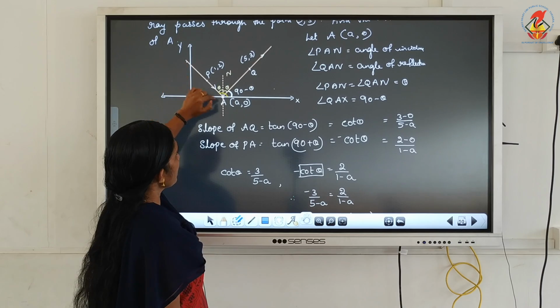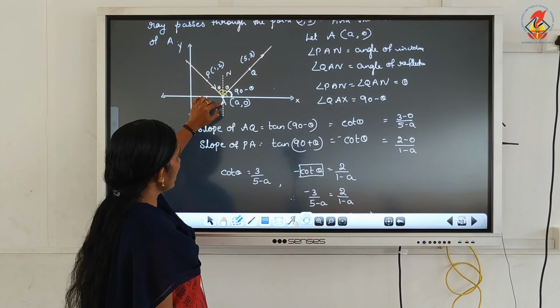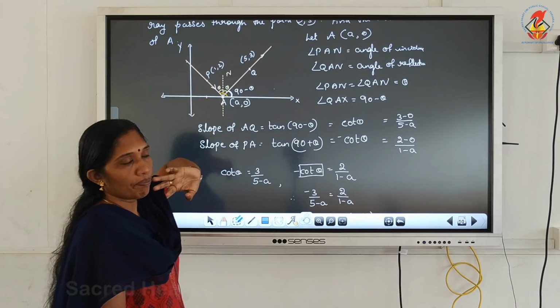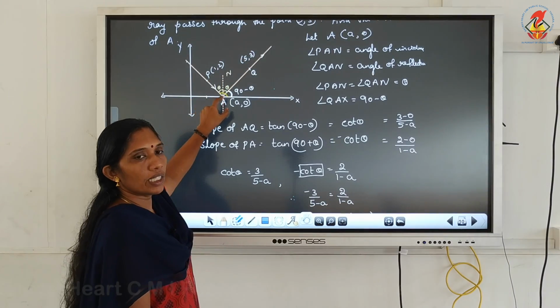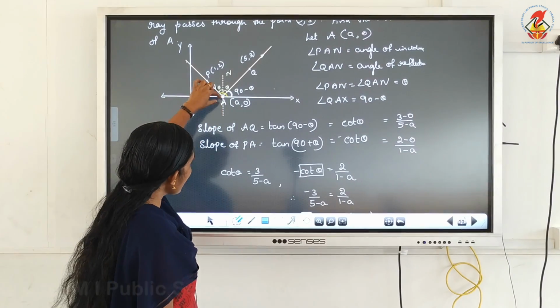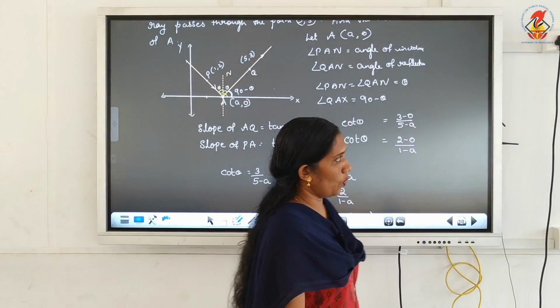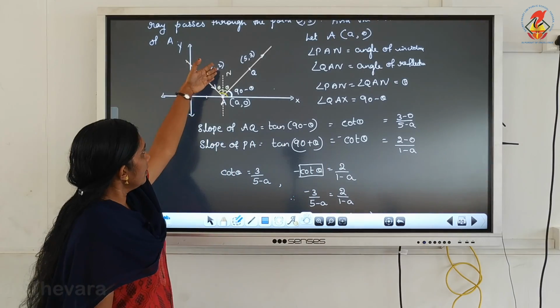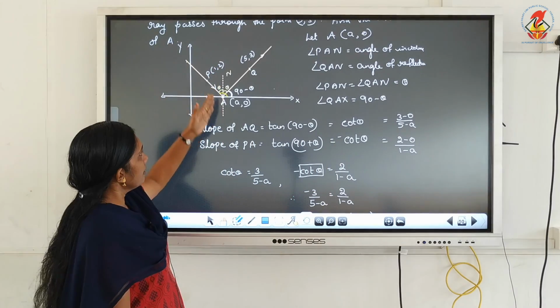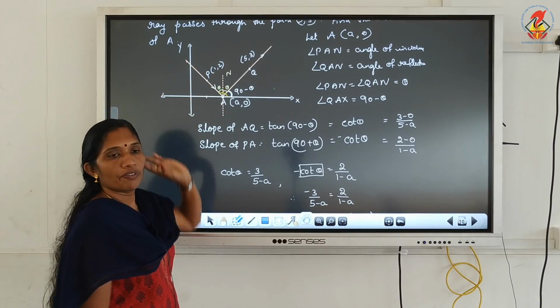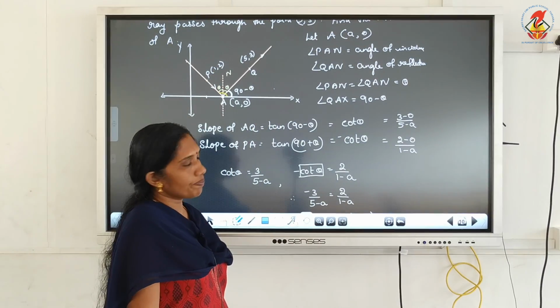A ray of light passing through the point 1, 2 reflects on the x-axis at point A, then it passes through the point 5, 3. We have to find the coordinates of A. Since A is on the x-axis, we can take the coordinates as A, 0. Then here is a normal, a 90-degree line perpendicular to the x-axis. The angle of incidence and angle of reflection are equal.